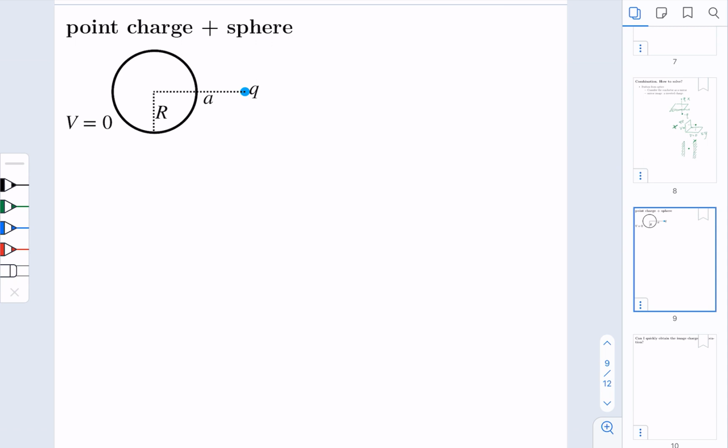So we are trying to place an image charge somewhere to produce an equipotential surface of a sphere. So my first question is, can we place this somewhere here? Because naively thinking, you can think of this as a mirror, then this might be a probable location to put the charge. But can I put the charge over here? So do you know the reason?